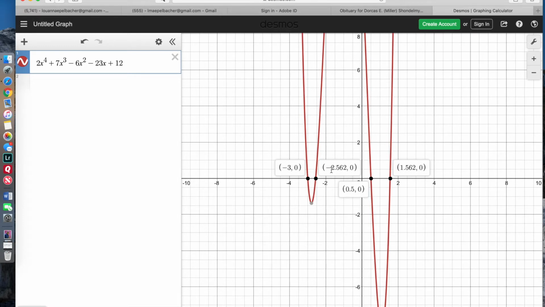I would say that 2.562, that's not rational, whereas 0.5, that's your 1/2, so that's a rational root, and then this 1.562, again, that's also not rational. So these two values are irrational, but we're going to list the negative 3 and the positive 1/2 as two of the rational roots, and go and divide by those to solve for the other two roots.